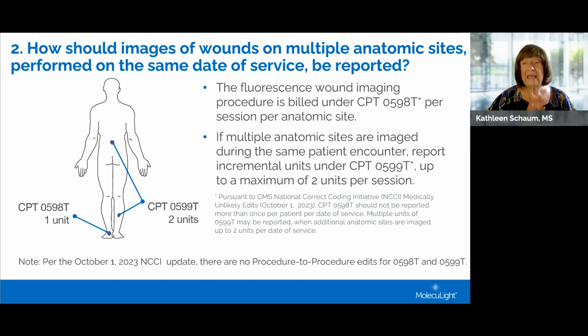Furthermore, if the patient has 2 wounds in the medial lumbar region instead of the 1 shown on the slide, only 1 unit of 0599T should be reported because both wounds are on the same anatomic site.